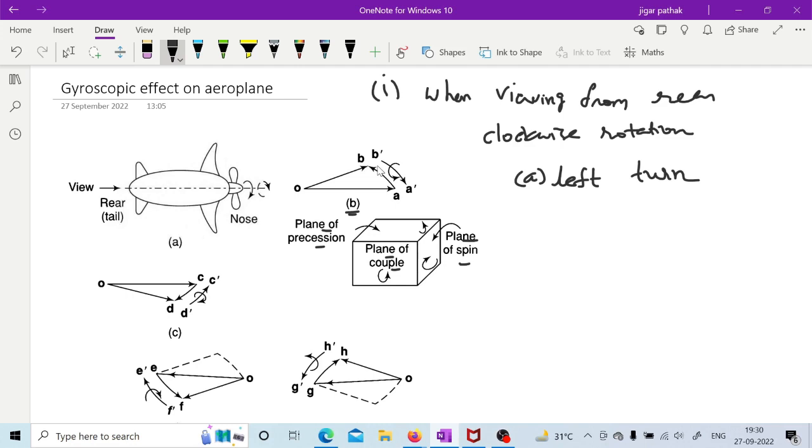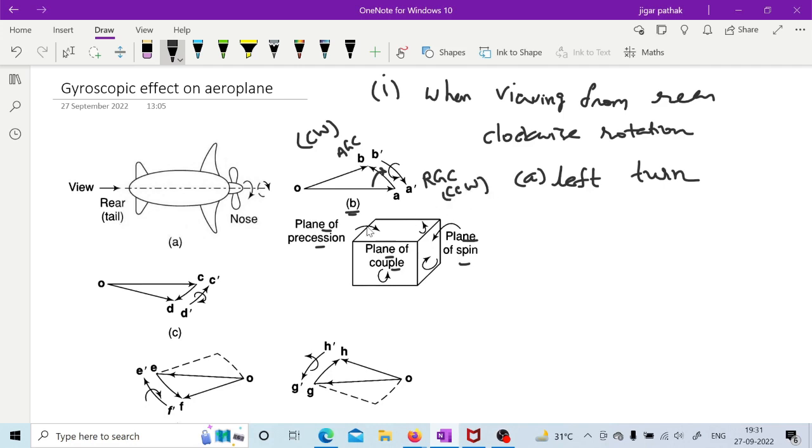So if the active gyroscopic couple is clockwise, then the reactive gyroscopic couple, A dash B dash, must be counterclockwise, as you can see in this case.